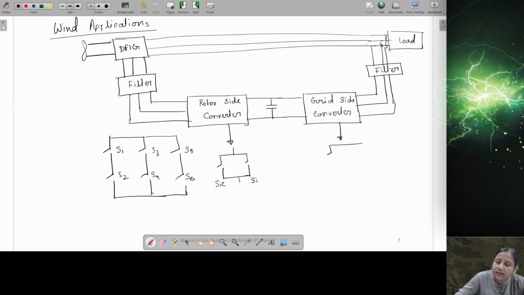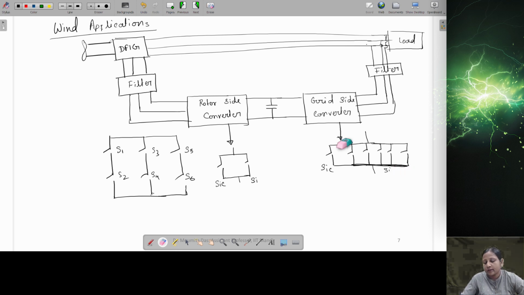Here one silicon carbide device is connected in parallel with 5 silicon devices. This is silicon carbide and the remaining 5 are silicon. Only one silicon carbide, 5 silicon.